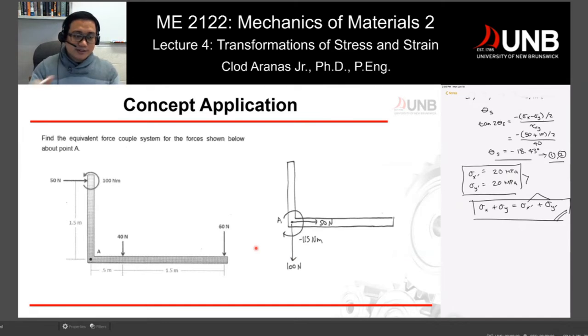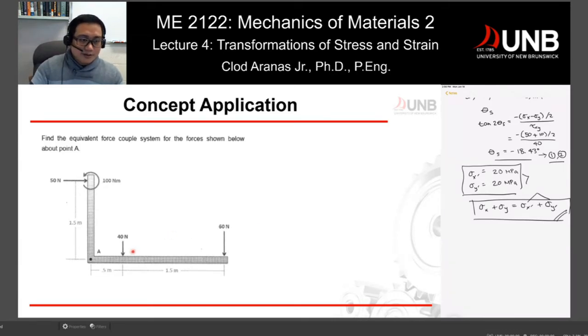But before we discuss that, let's discuss what a force couple system is. If you have a system like this one, let's say you are asked to determine the stresses at point A. For now, let's just imagine it's two-dimensional. You have a force of 40 newtons, 60 newtons here, 50 newtons here, and then a moment of 100 newton meters.